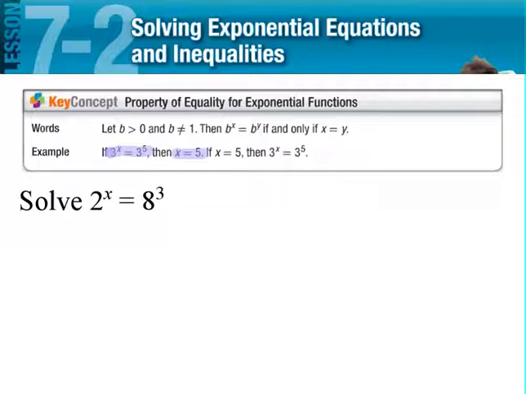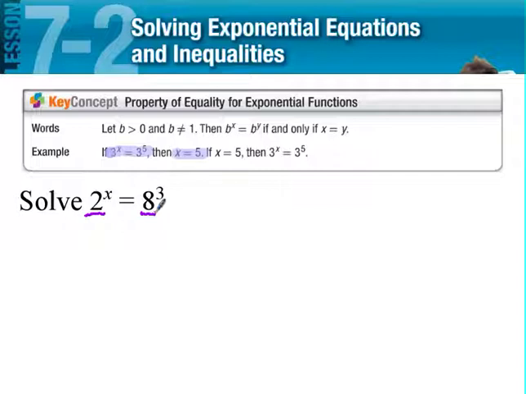If I look at the very first one I have here, it says 2 to the x equals 8 cubed. Remember what I said, we have to get the same bases. That means this number and this number have to be the same. So I need to think about, can I write 8 as a power of 2?